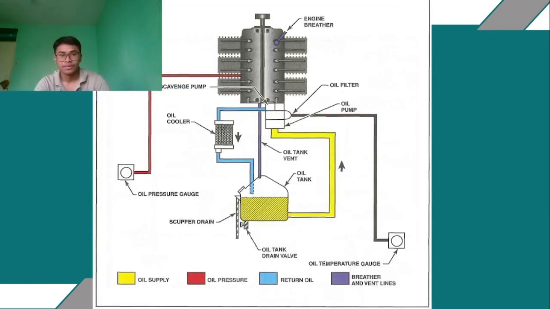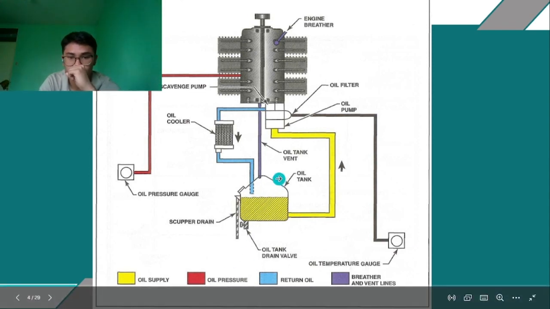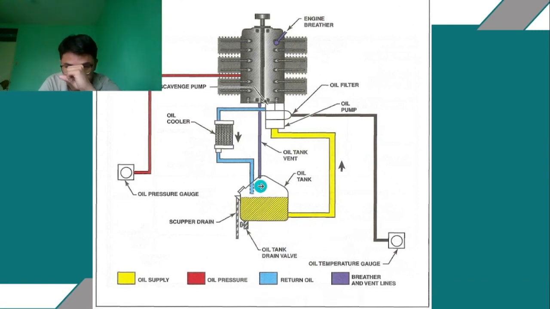So ito yung ating lubricating system. Ito yung oil tank, dadaloy siya sa oil pump, tapos pupunta ng oil filter, then so on. I-discuss natin yan mamaya.